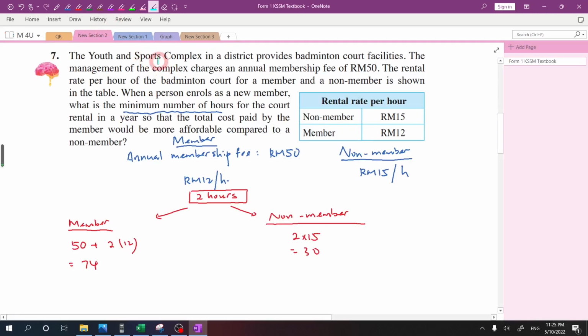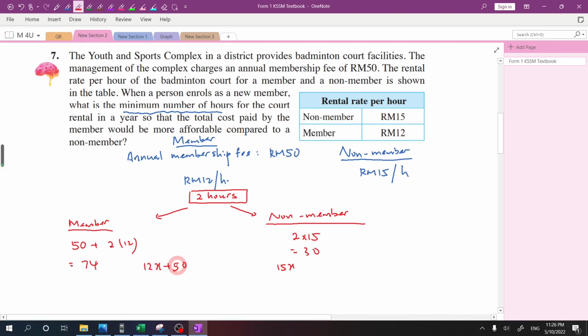Now, try to think. The price that need to be paid by a member will be 12x plus 50, right? The price that need to be paid by a non-member will be 15x, 15 ringgit per hour. If you want to rent for X hours, it will be 15x. This 12 ringgit per hour, therefore 12x.